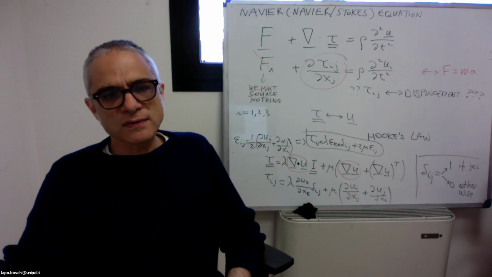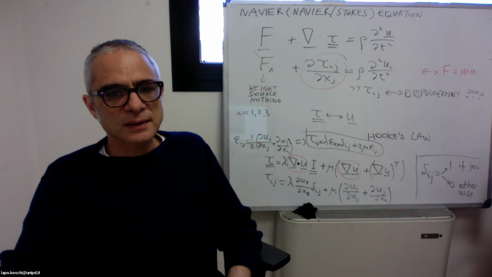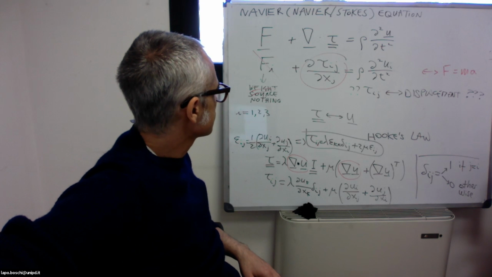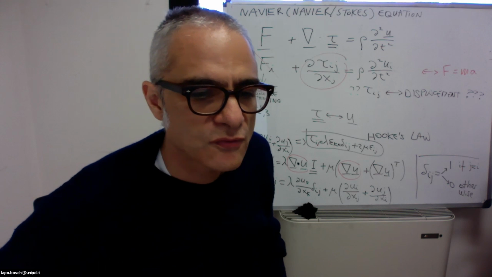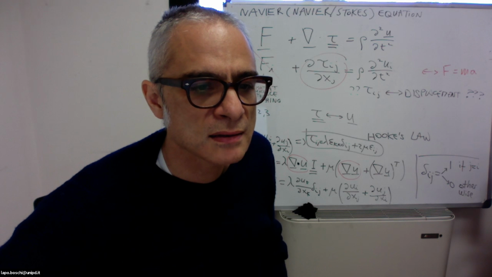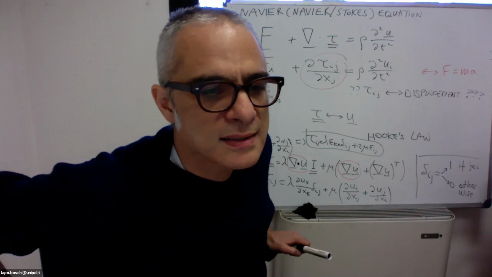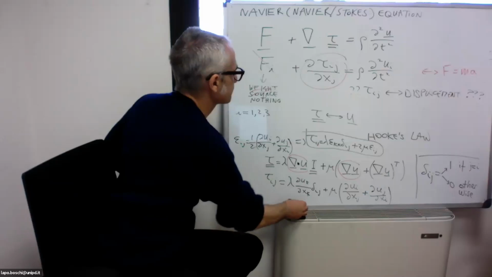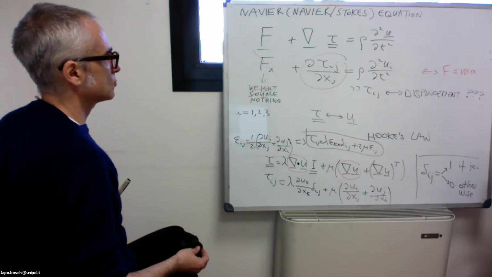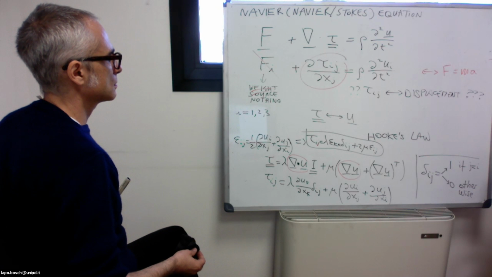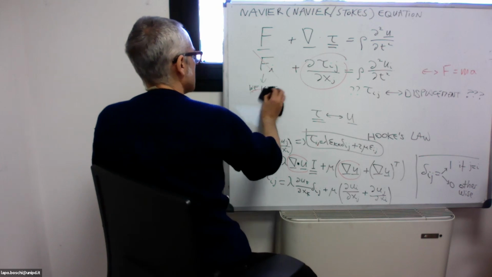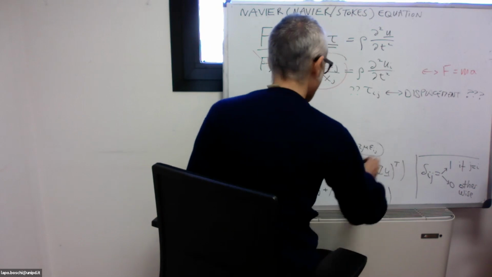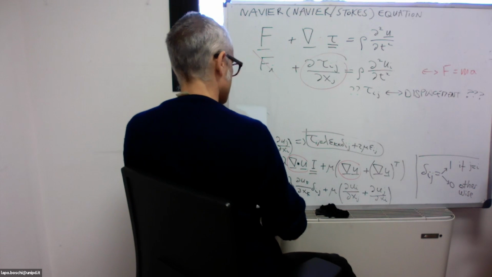But the truth is that actually, well, let's see. Before I say what I want to say, let's finally get to Navier's law. So for now, this is an experimental law.